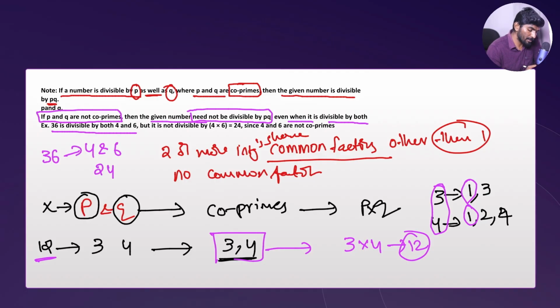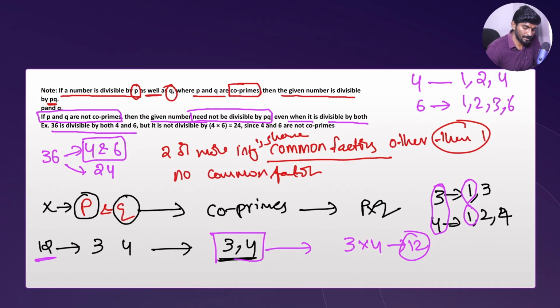It will work out with 4 and 6. It won't work out with 24 because these both are not co-primes. How? Let's see the factors of 4 and the factors of 6. Factors of 4: 1, 2, 4. Am I right? Factors of 6: 1, 2, 3, 6. How many factors are similar here? 1 is there and 2 is also there here. Are you getting my point?